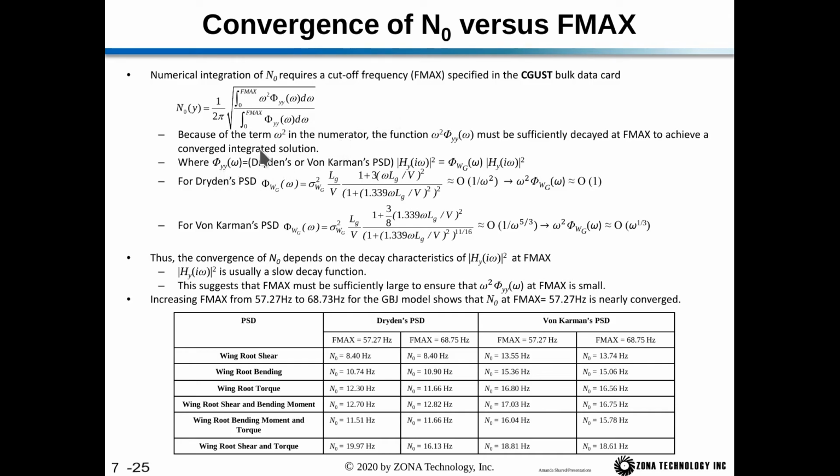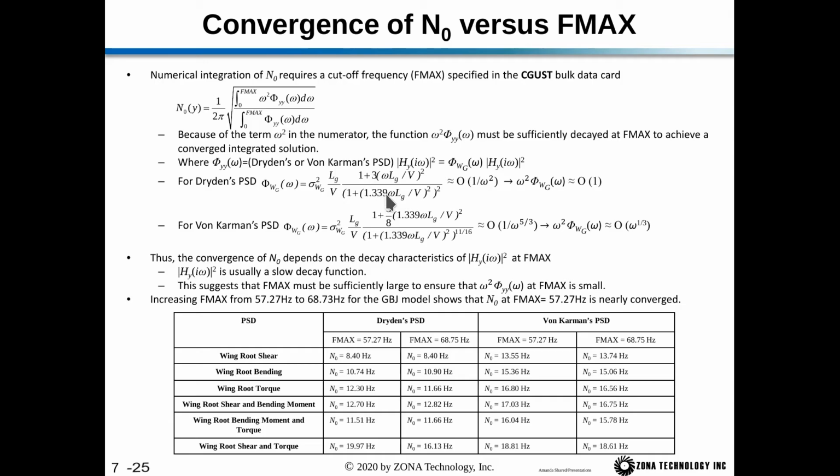And our sigma yy is Dryden's or von Karman's PSD. And then our Dryden or von Karman's PSD times hy is given by phi wg times hy squared. Once again, for Dryden's PSD, this is our equation.